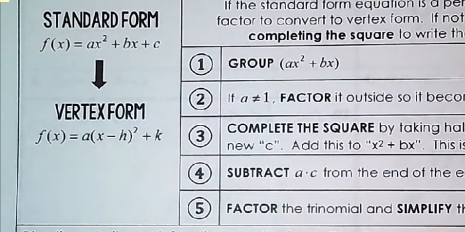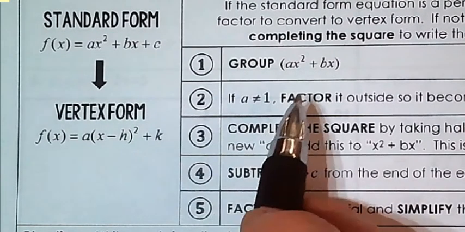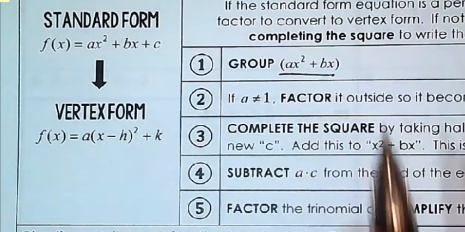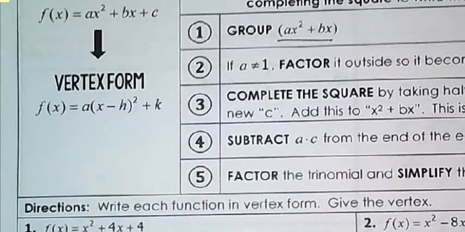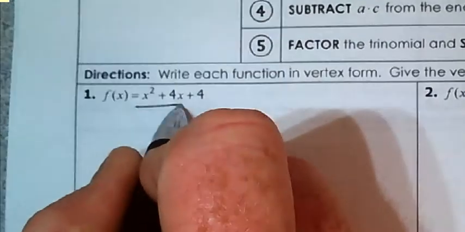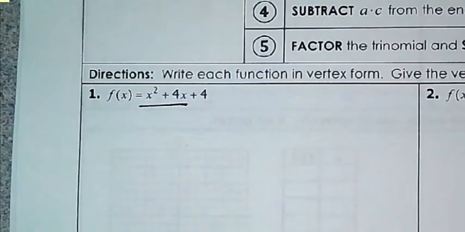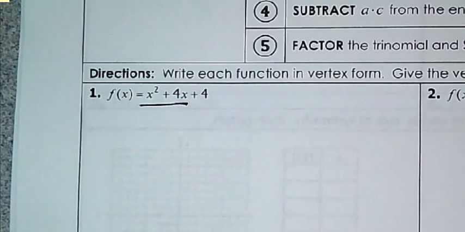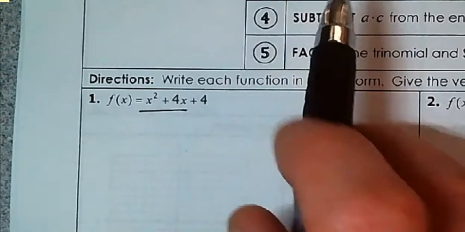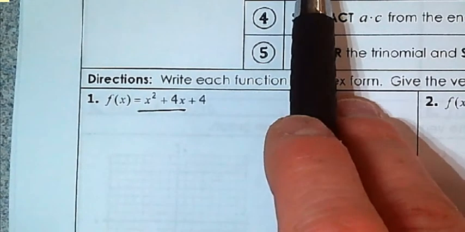Alright, let's go through the steps. The first step is to just look at the ax squared plus bx part. Well, if we look at example 1 right here, number 1, that's just this part right here. That's what I want to focus on. Okay, I'll explain that in a minute. So, the next step is if a is not equal to 1.